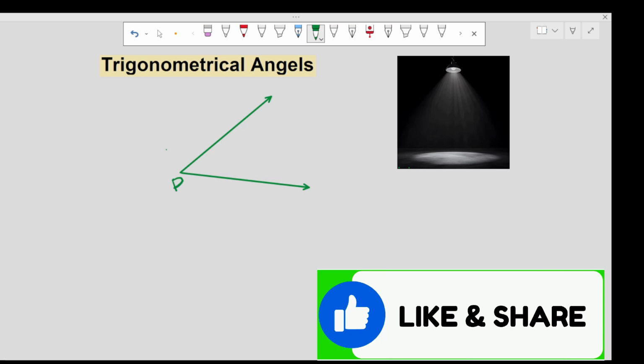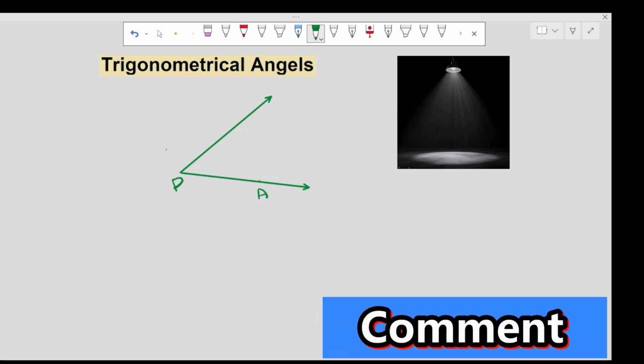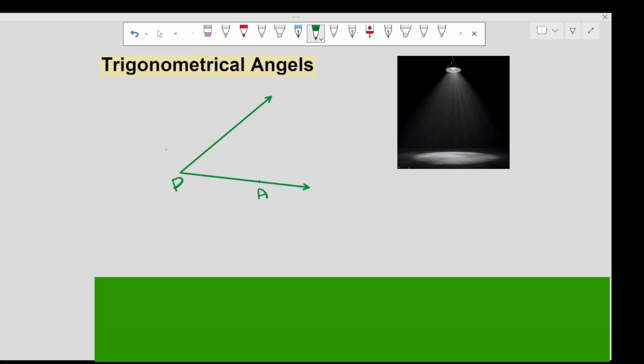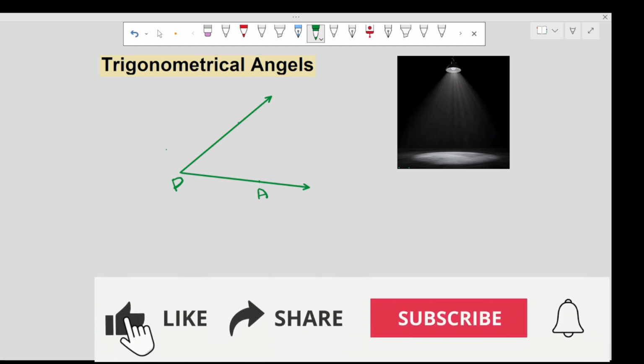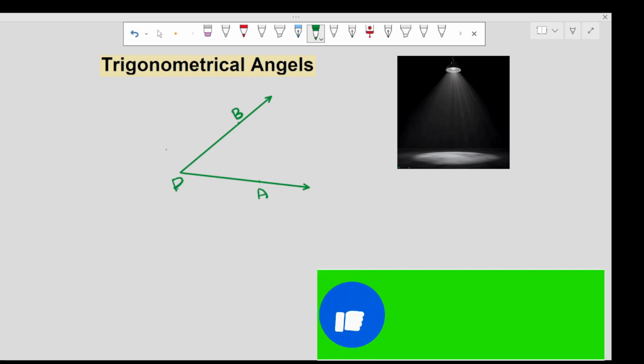We think about line segment PA and line segment PB. So already you have learned the angle BPA.